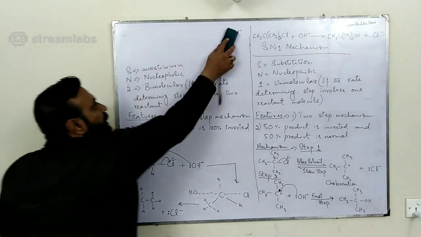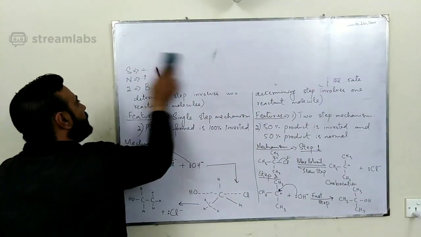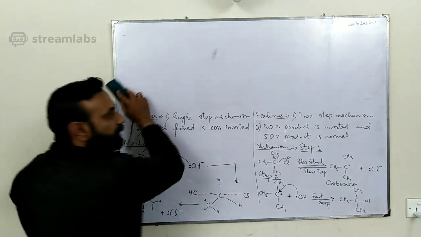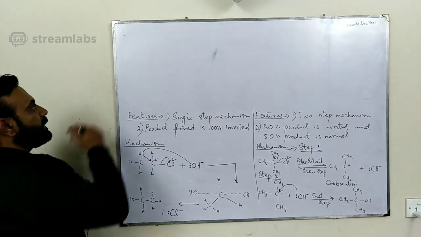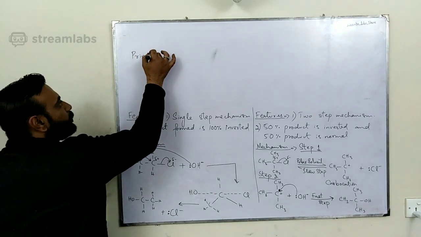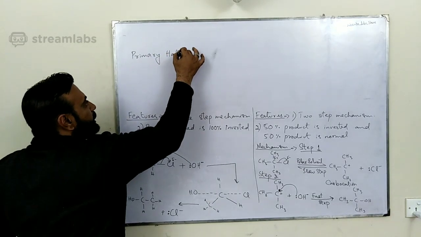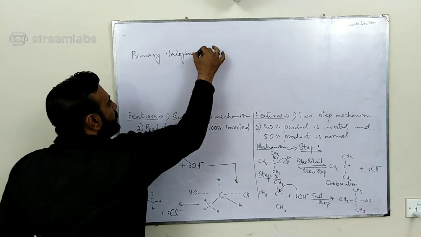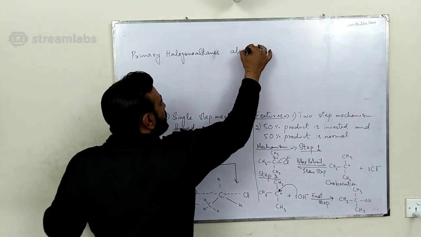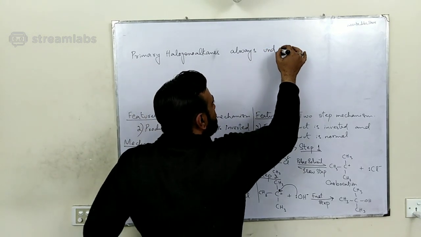Now, when there is going to be an SN1 substitution and when there is going to be an SN2 substitution is very simple. You need to remember this, that the primary halogenoalkanes, now that you know the classes of halogenoalkanes, always undergo the SN2 mechanism.